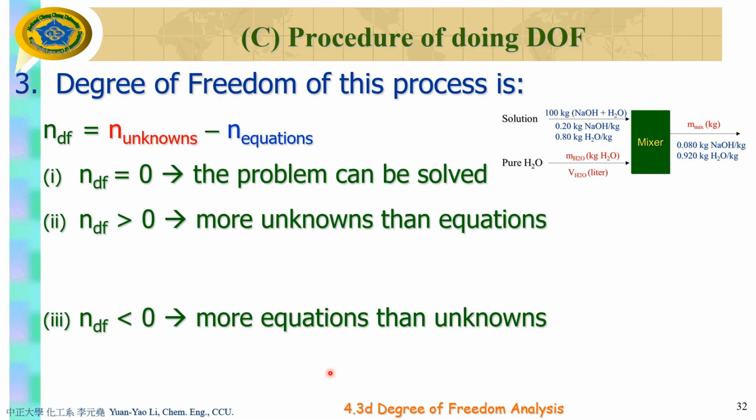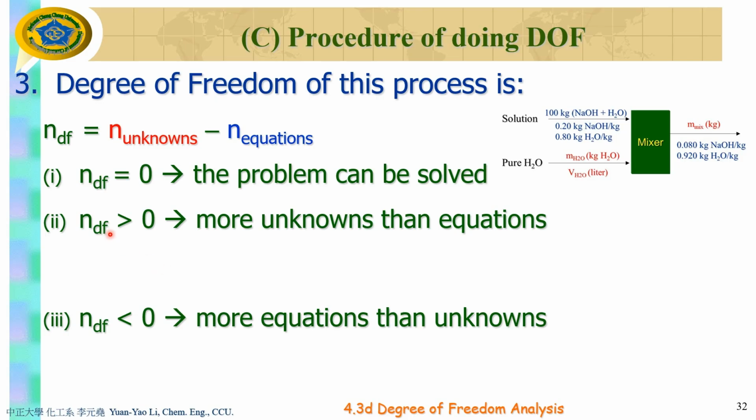Okay? So let's say the degree of freedom equals the number of unknowns minus the number of equations. Right? You have 3 unknowns, you need to find 3 equations. If the DOF equals 0, that means the number of unknowns equals the number of equations. The problem can be solved, no problem.